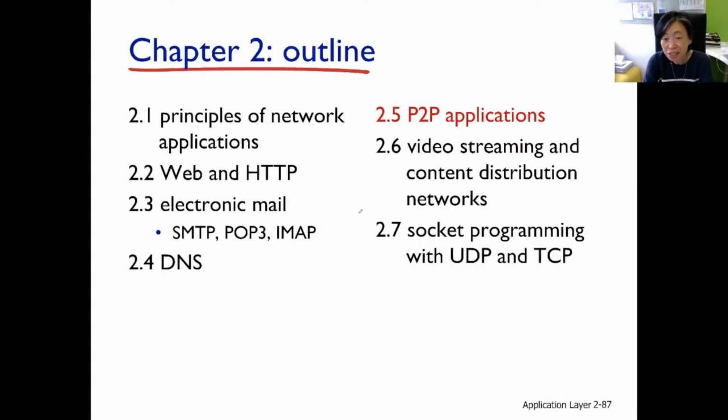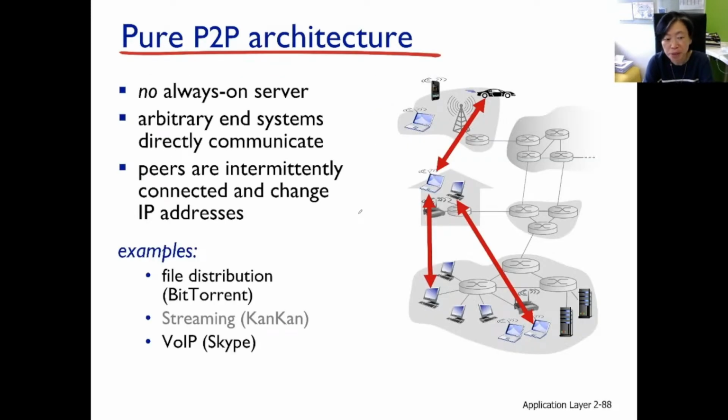P2P applications. To be honest, this is one of my favorite sections in chapter 2. All right, so P2P architecture. As opposed to the very simplistic client-server architecture where we have always-on servers, in P2P there are no more always-on servers. Instead, we just have these arbitrary peers directly connecting and communicating to each other.